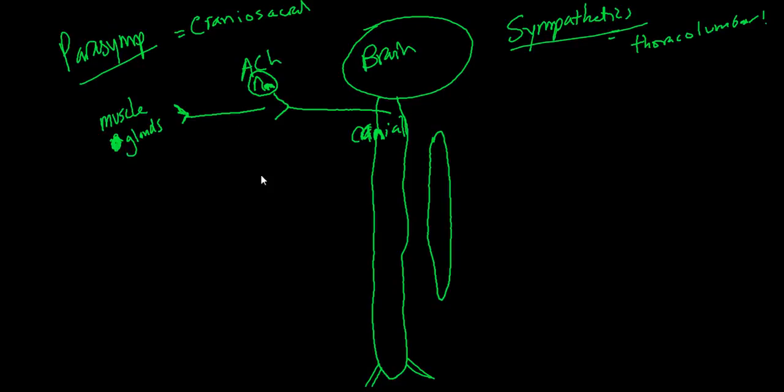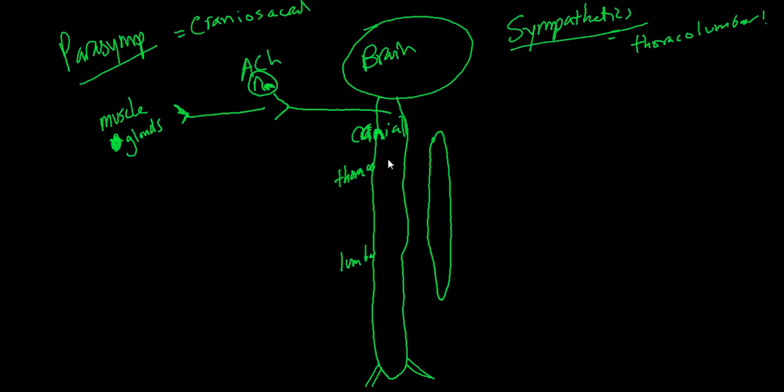Parasympathetics don't come out in the thoracolumbar region. The parasympathetics will come out in the craniosacral region only. So anything in here that's autonomic, meaning parasympathetic or sympathetic, is going to be sympathetic because we've got our thoracolumbar region. We're in the thoraco, and then here would be the lumbar region.